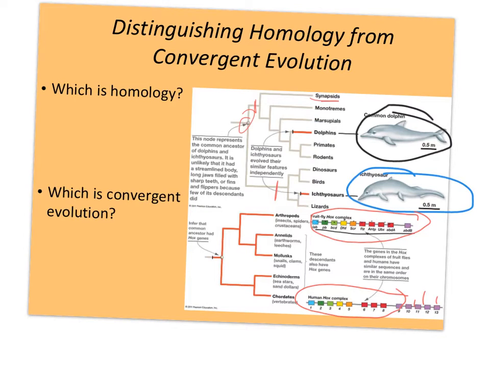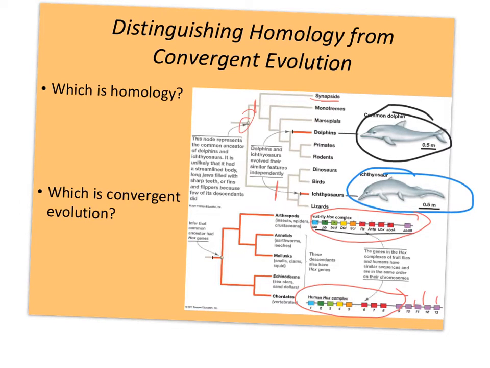Which is homologous? Anybody? It's one or the other. Okay. This group is homologous. A or B? A, anybody? Homologous. B, this group. Ah, good. You got it. Okay.